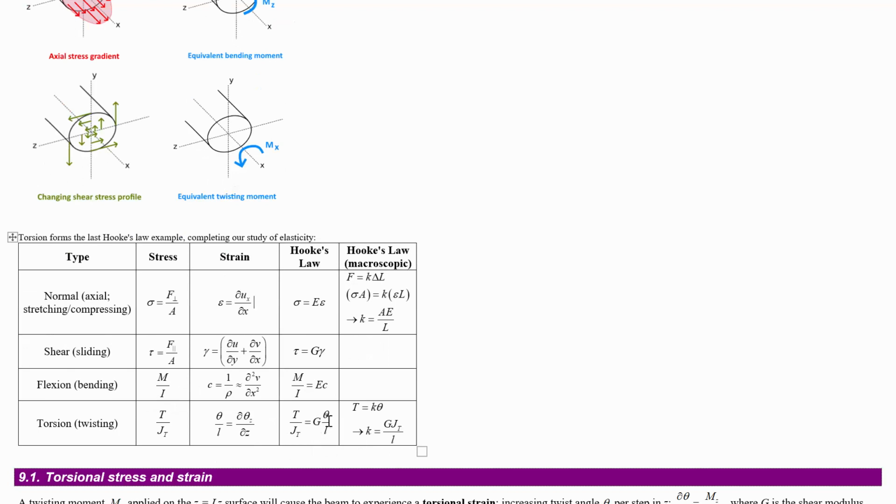So related to shear modulus to the torsional strain, which is the angle that the thing is twisted through per step in length. So this is the torsional strain, in the same way that curvature is like the bending strain, and the relationship between the torsional strain and the torsional stress is the shear modulus.